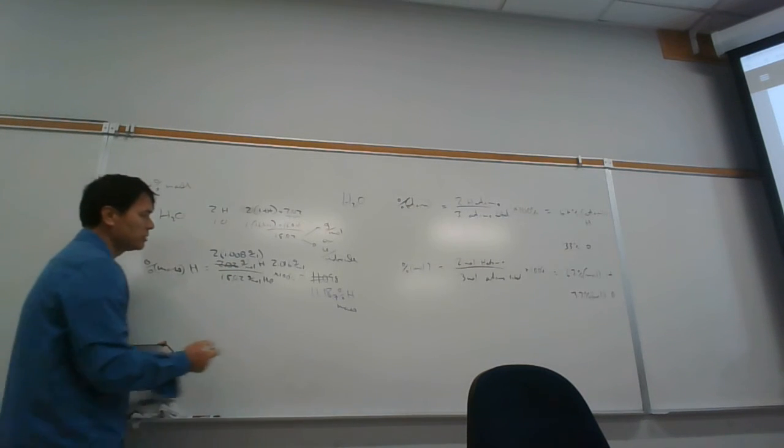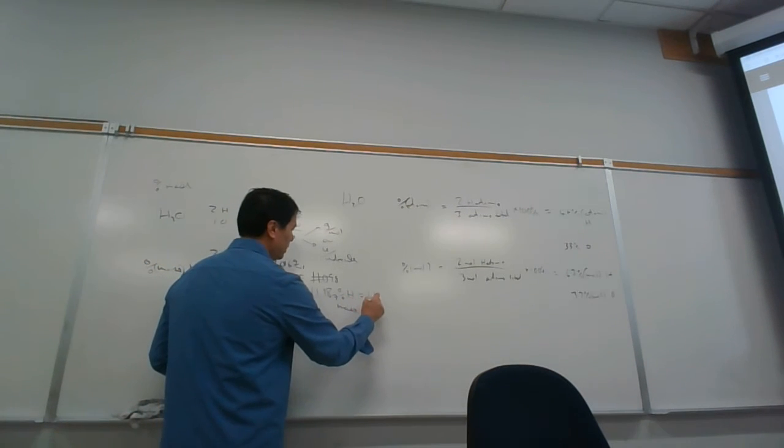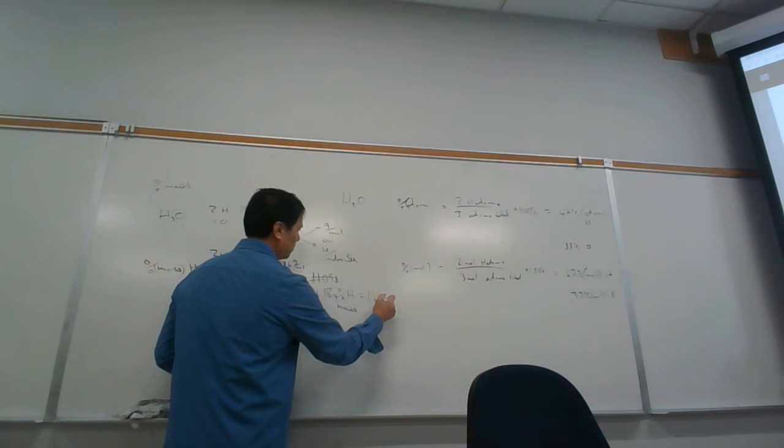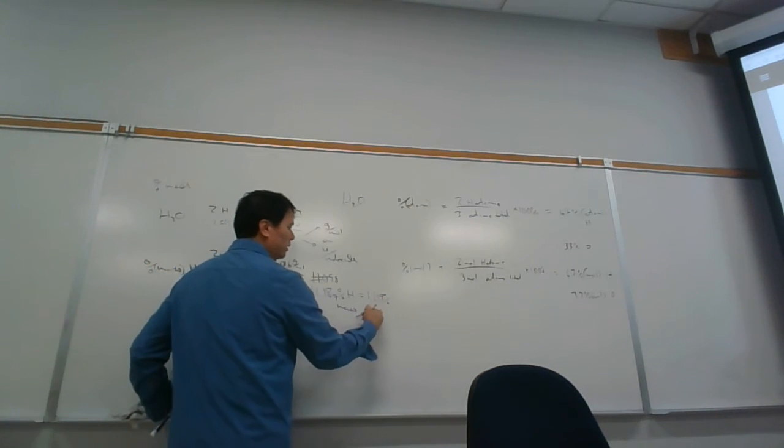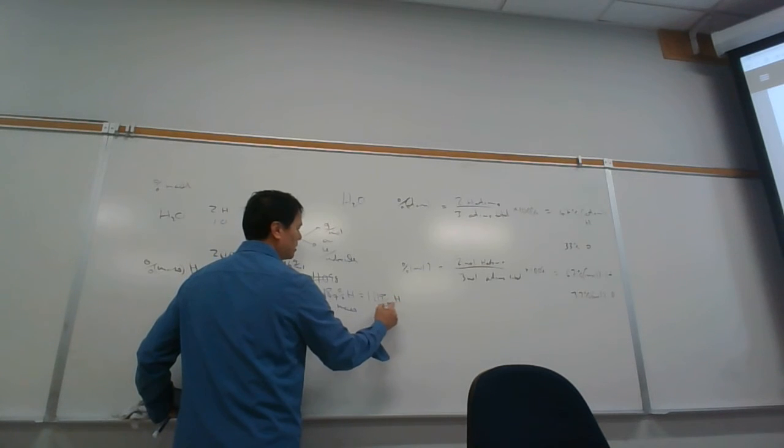And so hydrogen is going to come out to 11.19%. So water contains 11.19% hydrogen by mass.